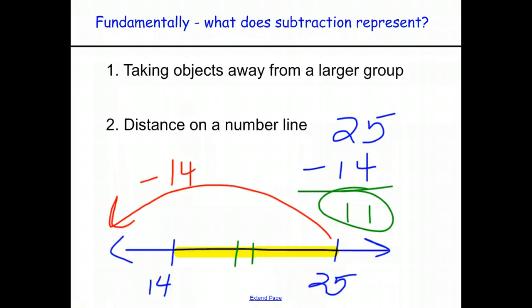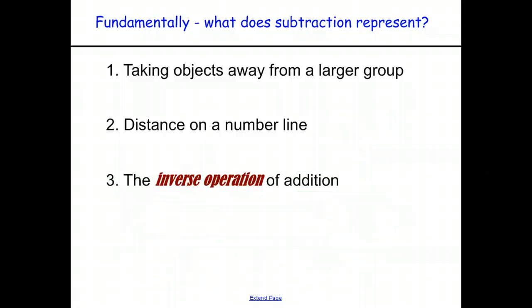And finally, we get to something that's a little bit more difficult to understand in this wording, but a concept that you're familiar with, which is the inverse operation of addition. What this means is more or less that subtraction is the opposite of addition, but technically in math vocabulary, we call it an inverse operation.